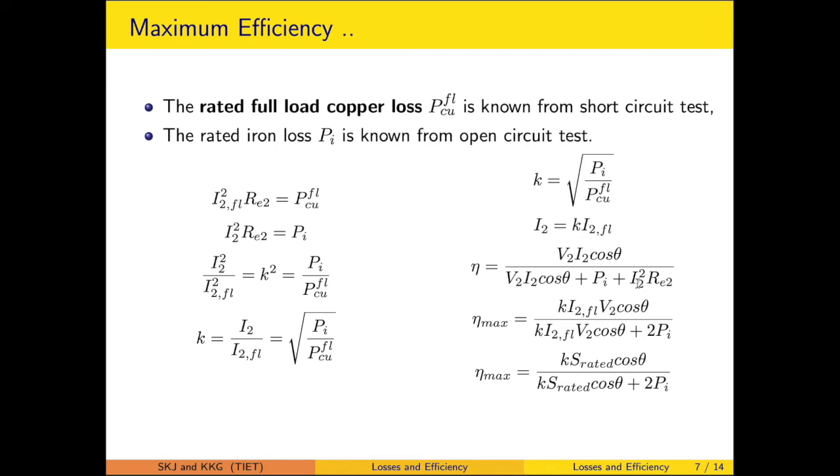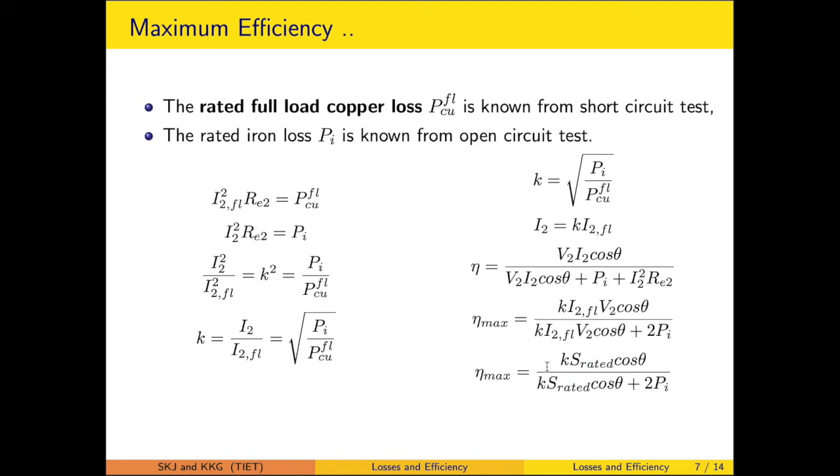Please be mindful that I2 square RE2 has to be equal to Pi, so this gives rise to the term. Now this is the percentage loading, this is the full load current specified, this is the rated voltage. So these two terms, I2FL and V2, suggest the rated kVA or rated volt ampere rating.